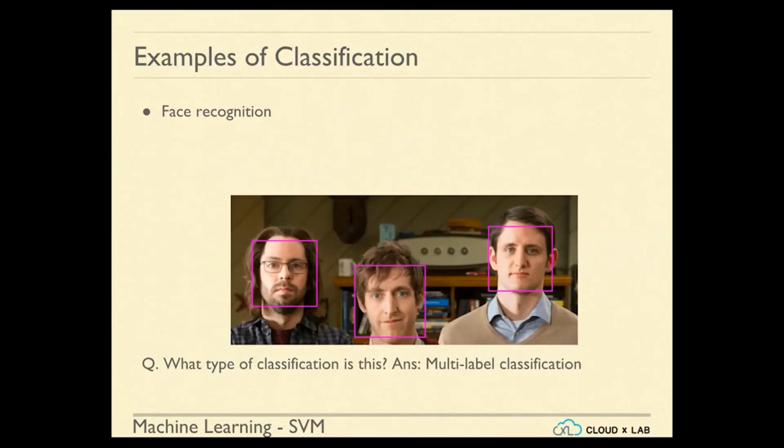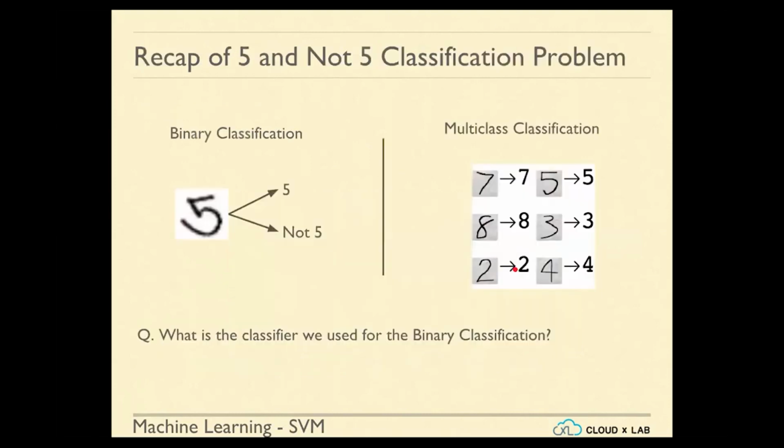Like we are saying that in this image there are person one, person two, person three. All right. Now, what classifier did we use for binary classification? We did a test last time, and we were doing binary classification. We used a particular classifier.